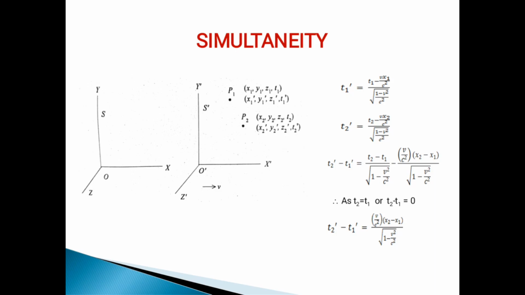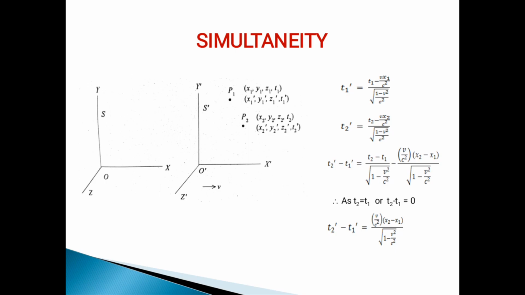To O prime, the explosion at x1 and t0 occurs at the time t1 prime equal to t0 minus v by c square into x1 divided by square root of 1 minus v square by c square. The explosion at x2 at t0 occurs at the time t2 prime equal to t0 minus v by c square into x2 divided by square root of 1 minus v square by c square.